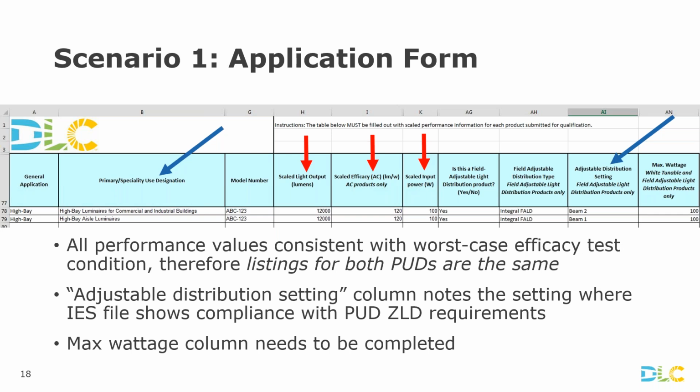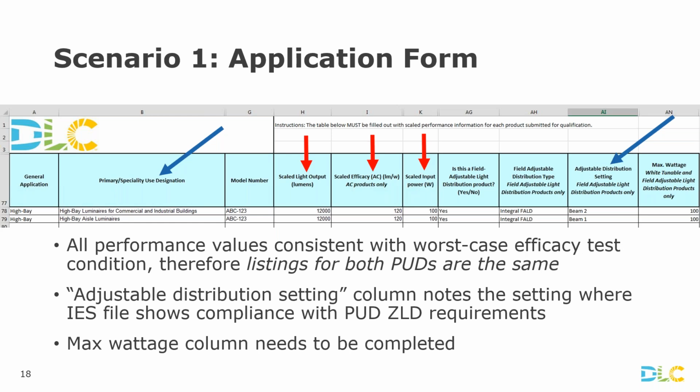As noted in the previous slide, assuming that both IES files are provided here, beam 2 is correlated with the high bay luminaire PUD, and beam 1 is correlated with the high bay aisle PUD. The rows match up with the column for the primary use designation and the adjustable distribution setting. If theoretically only one IES file were provided, then that call out in the adjustable distribution setting would have to be consistent with whichever setting that IES file represents.